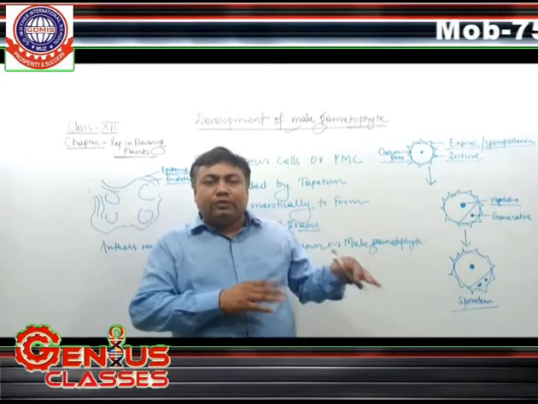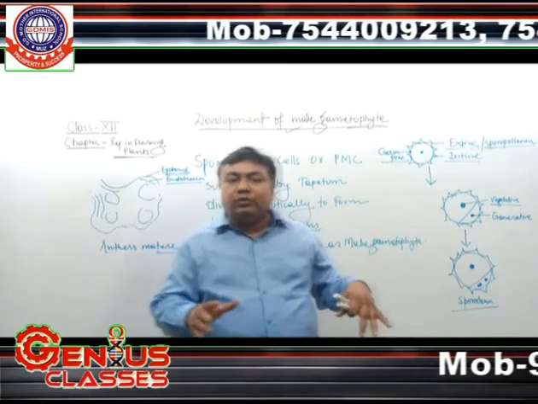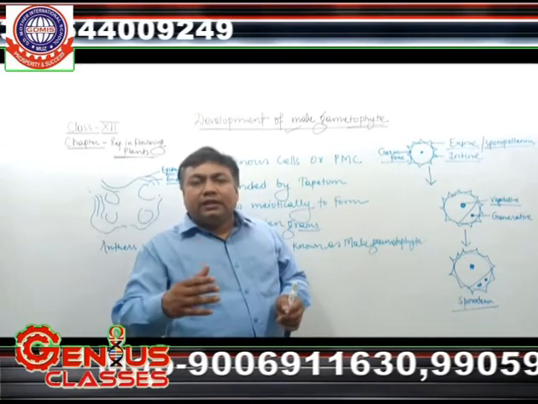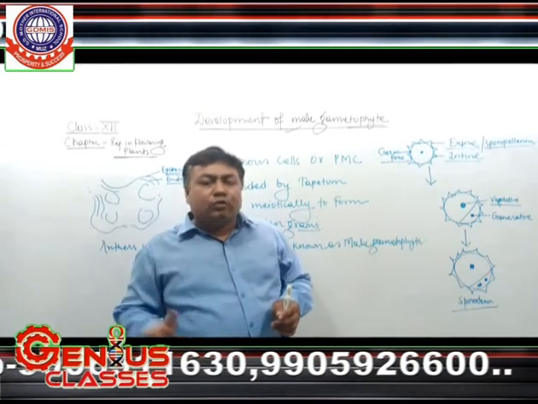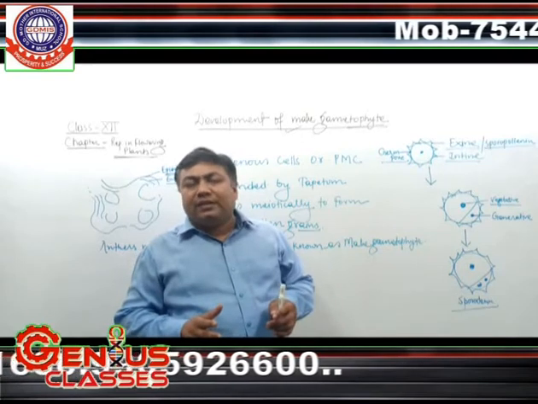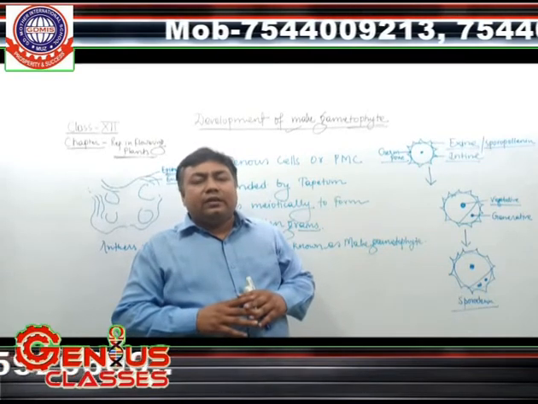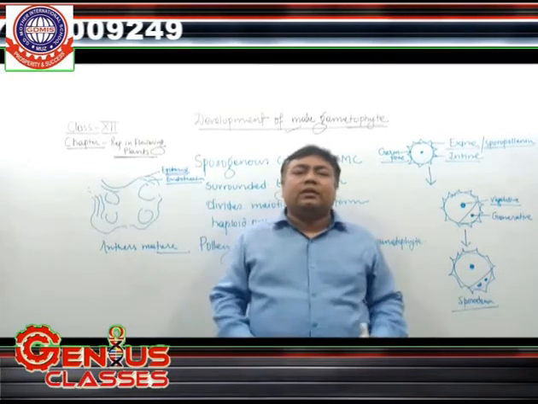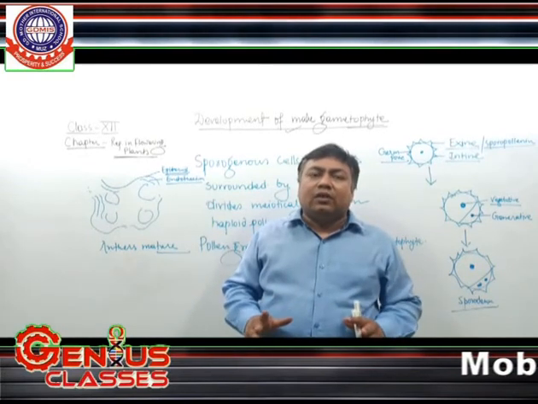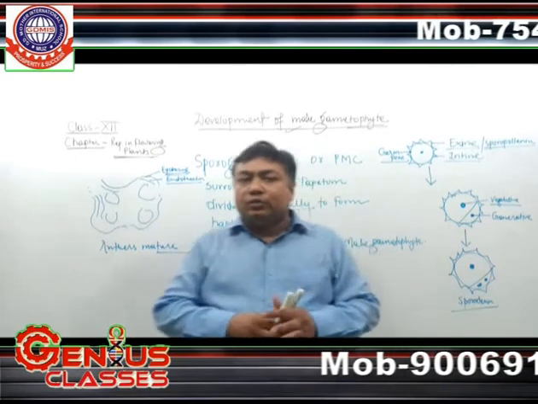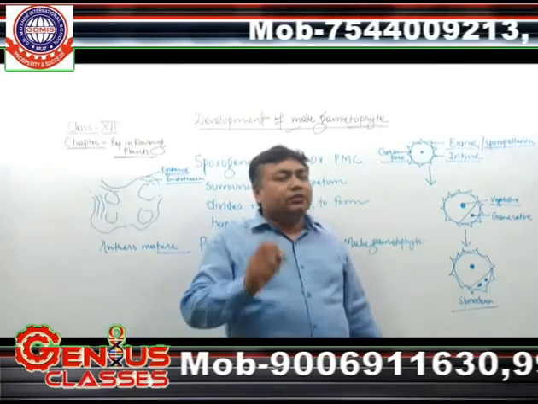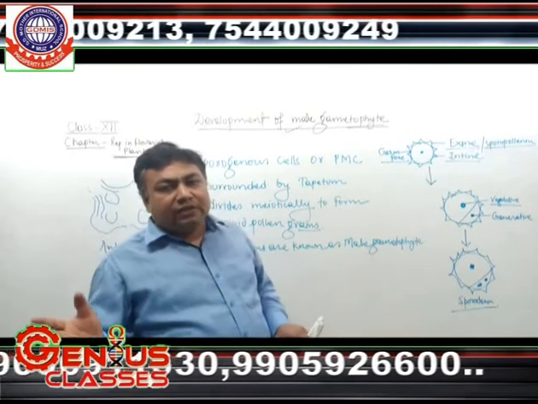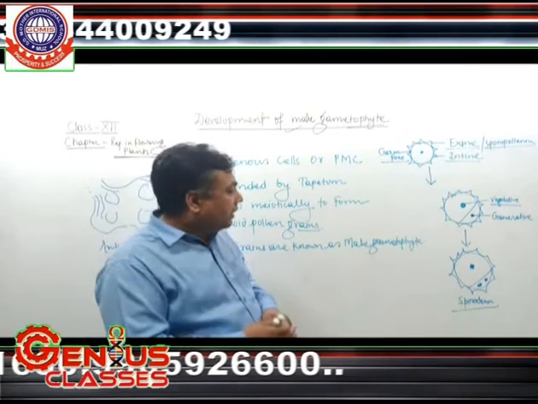After the formation of the zygote and primary endosperm nucleus, the zygote will remain at rest for a certain period. Till then, the primary endosperm nucleus will divide rapidly and make the entire embryo sac full of cells, known as endosperm. Endosperm provides nutrition to the developing embryo. So we will see all these things in the next topic.